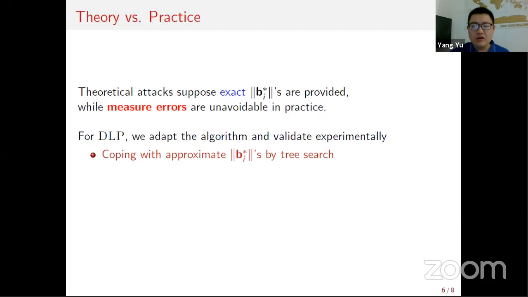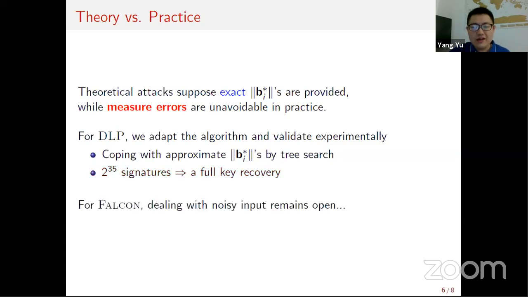To deal with the noise on the Gram-Schmidt norms, we combine the previous algorithms with tree search, and our experiment result shows that with about 2 to the 35 DLP signatures, we can break some concrete instance in practice. Unfortunately, for the case of Falcon, dealing with the noisy input remains open. We do not have the solution.